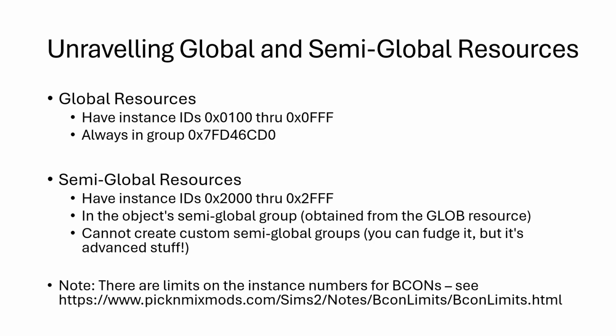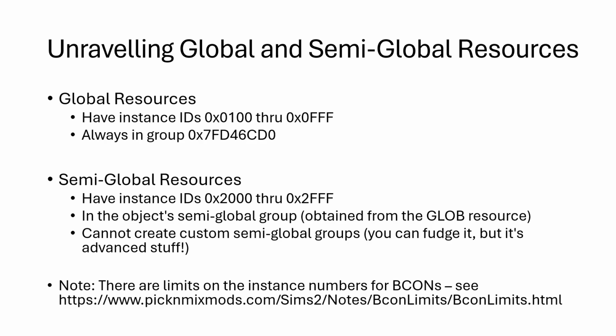Global resources are accessible by any object. So we know that there are global BHAVs, things for asking if a sim is of a certain age or managing bits of inventory. Globals all have instance IDs in the range hex 100 through to FFF.